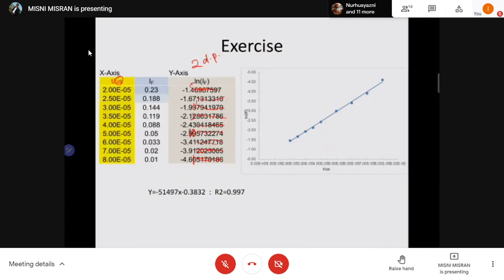So now this is how I read it. If you notice here, this is 80 times 10 to the power minus 6, isn't it? So it becomes 8.0 times 10 to the power minus 5.